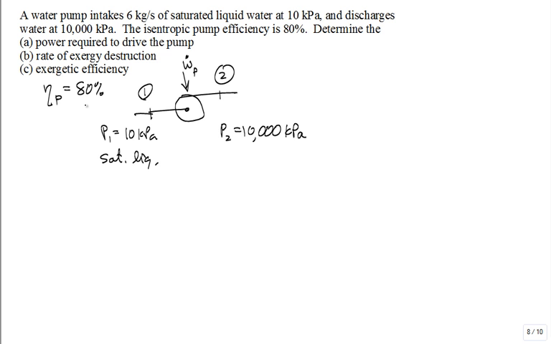What symbol am I going to use, and what are the units of that entity that I'm going to calculate as the answer for part A? Am I going to calculate W dot pump? And how about units of kilowatts? Yes. Look reasonable? All right, very good.